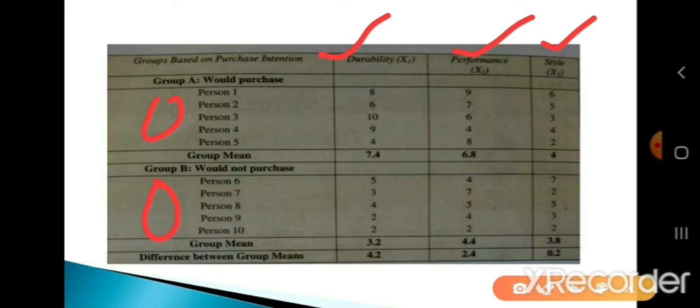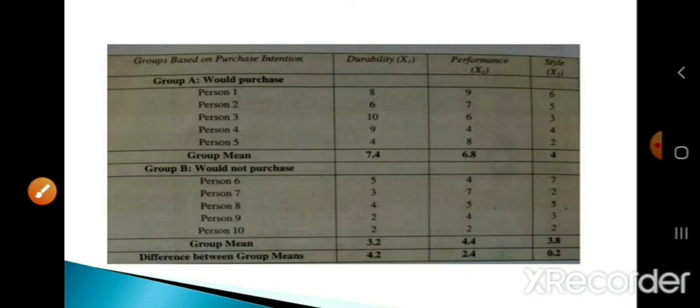Okay, so five persons said they would purchase the camera, and five said they would not purchase. These are the ratings given on the 1 to 10 scale. For the purchase group, the group mean for durability is 7.4, for performance 6.8, and for the third characteristic 4. Similarly, in the would-not-purchase group, the group means are 3.2, 4.4, and 3.8.